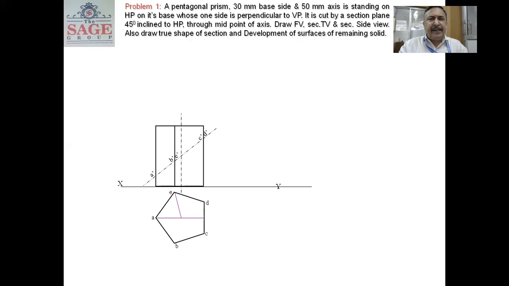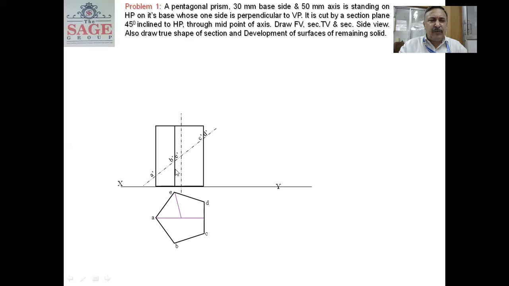Now we find the intersection points of this cutting plane and solid. This is the first point, suppose named A dash. This is the second point, named B dash. This is the third point, C dash. And this is the fourth point, D dash, because these represent two sides.